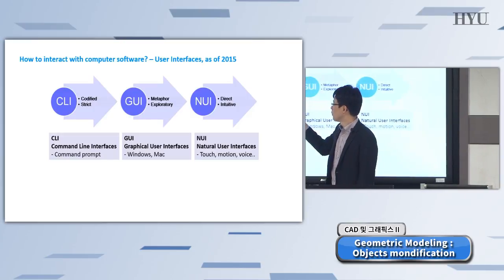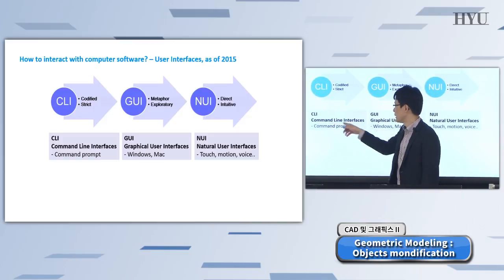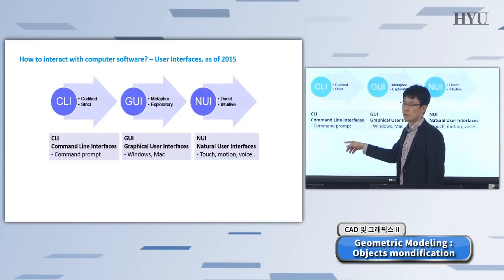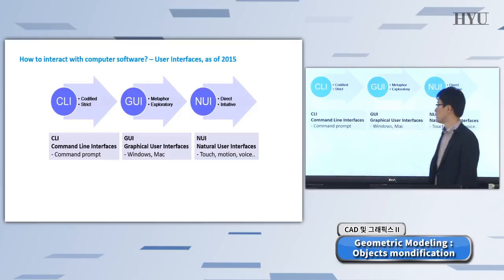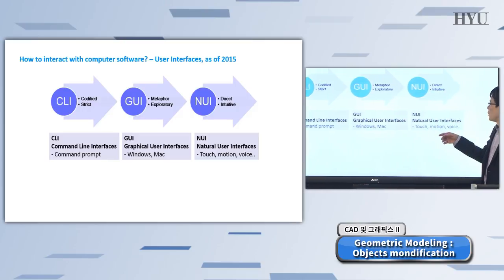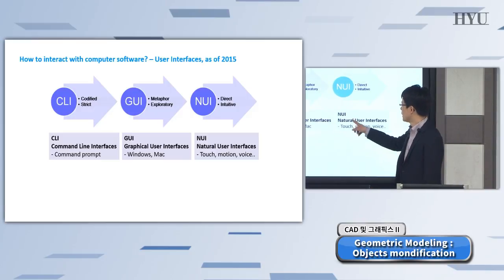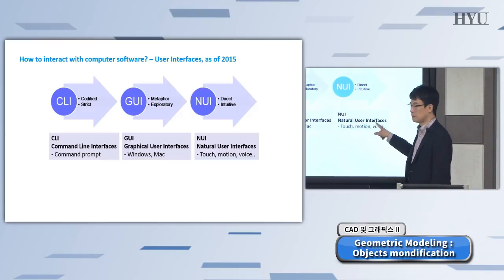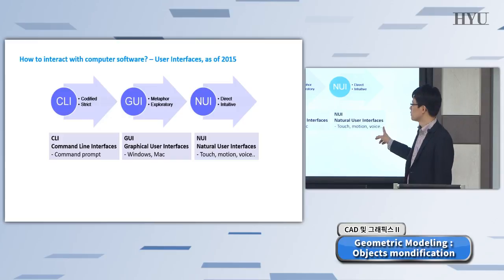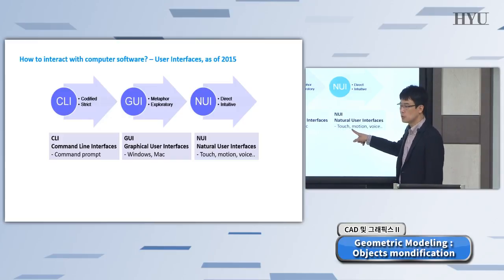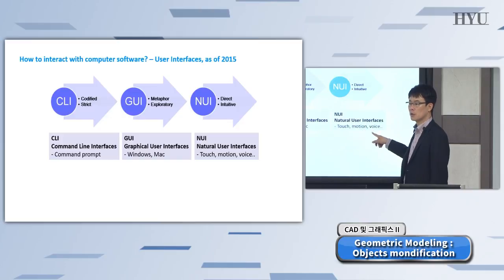But before GUI, there was the command line interface, and some of them are still available. Also, as you may be aware, NUI, natural user interface, is very common today. You know how to use your touch screen or smartphone, with motion recognition.